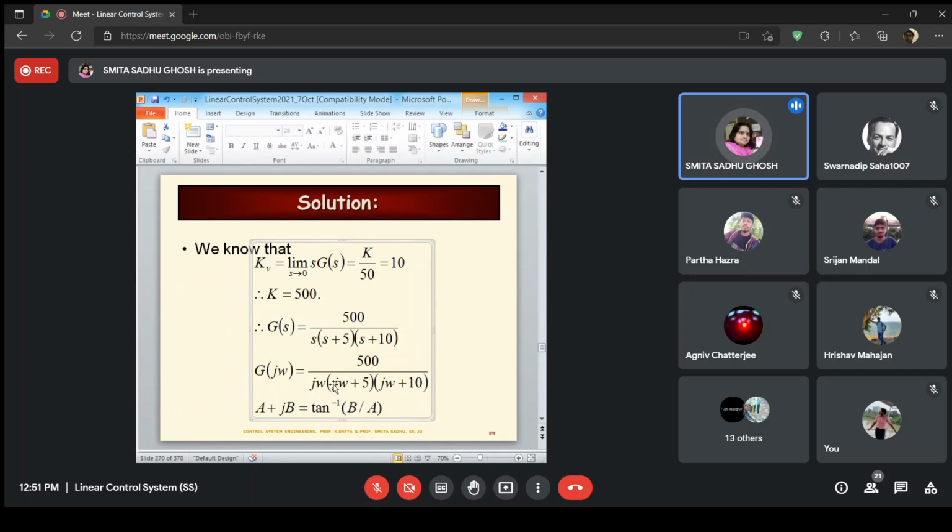So now, if I have this j omega plus 5 in the denominator, how much will be the contribution to the phase?